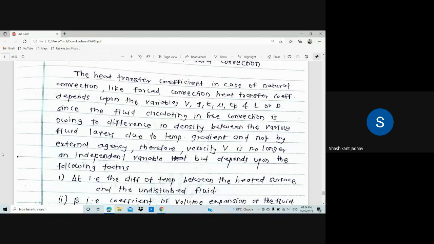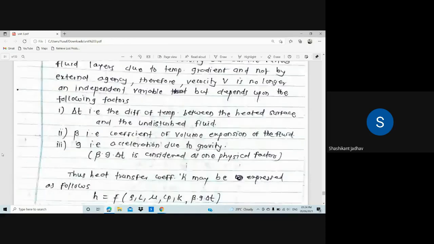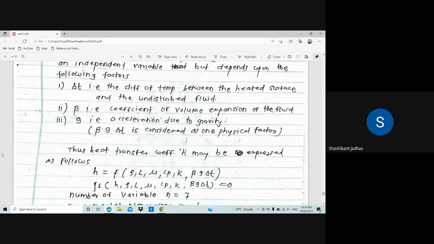Therefore, velocity v is no longer an independent variable, but depends upon the following factors.